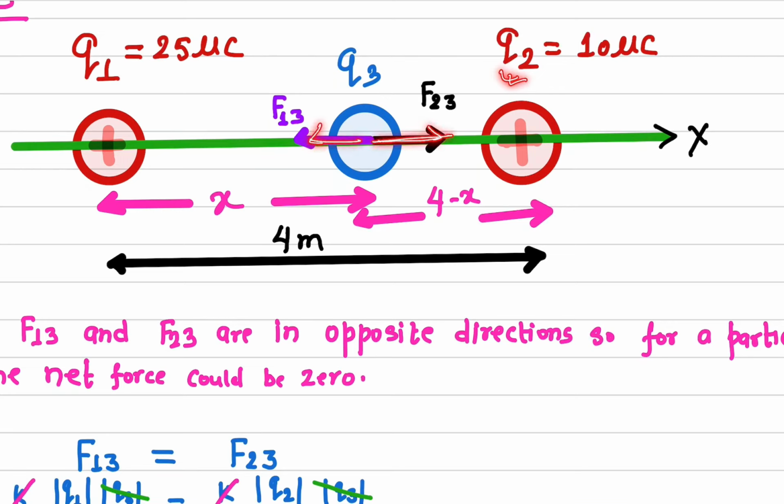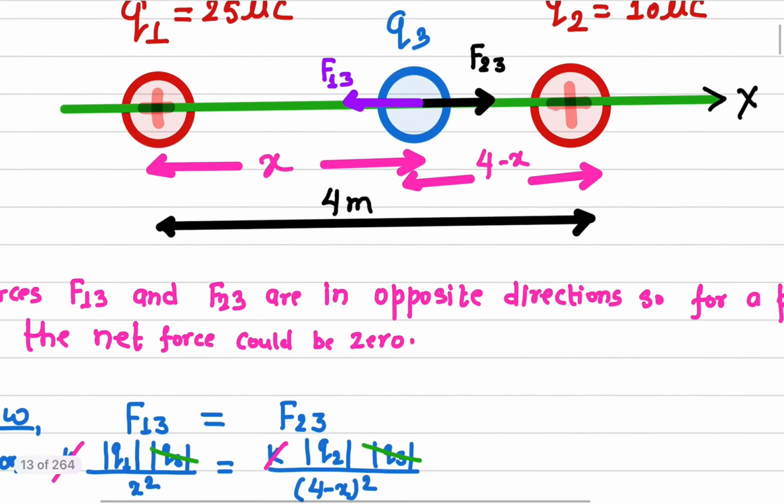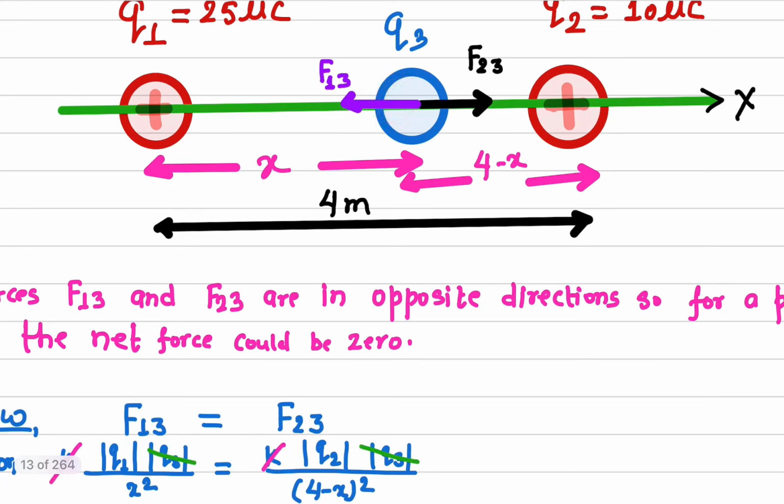And these two forces are now in opposite directions. So if we select this position x, then the resultant force on Q3 could be 0. So we have to find out the location of charge Q3, where if we place Q3, the total force on Q3 is 0. So we have assumed this distance x here.